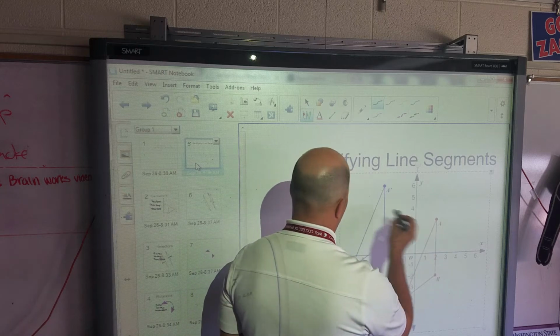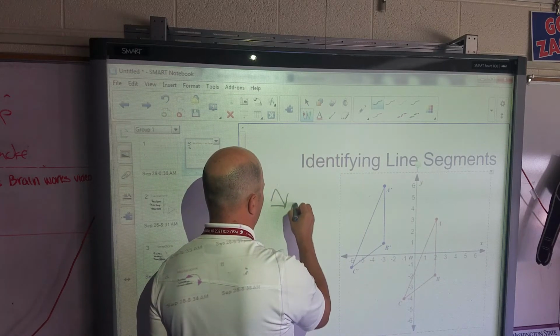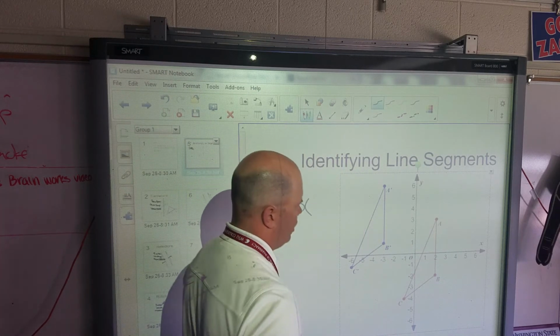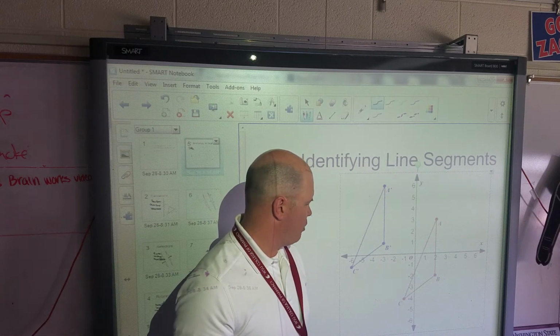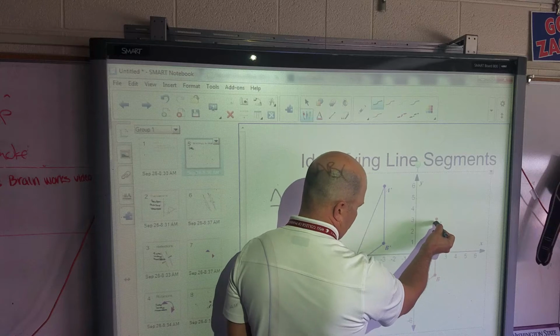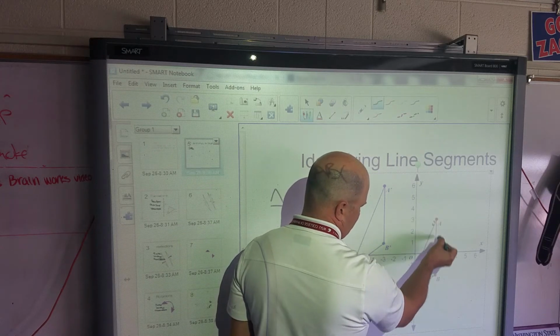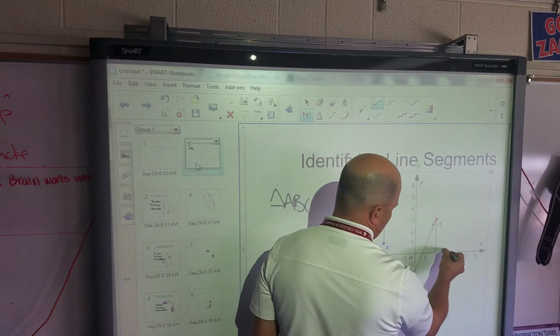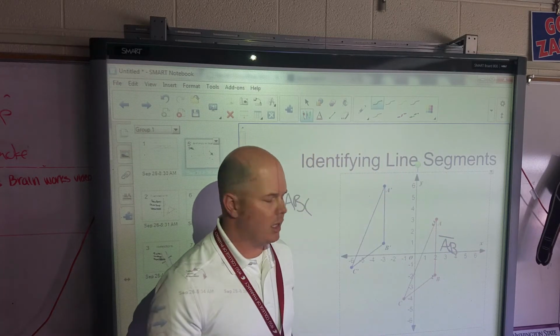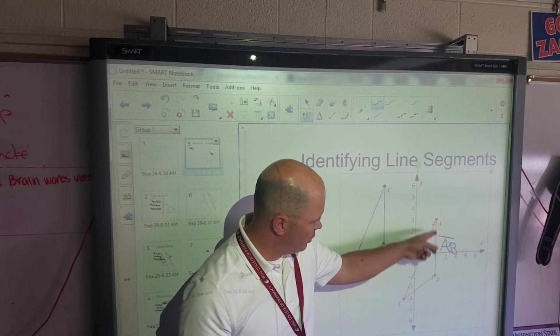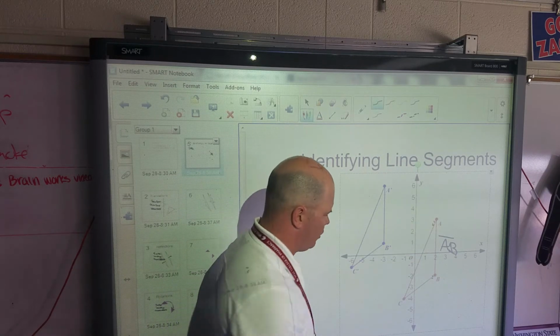Here we have triangle ABC. In geometry as well as in 8th grade math, we have to identify stuff. So here we would say that this line segment is line segment AB, and that's letting me know that this line here is my line AB of that triangle.